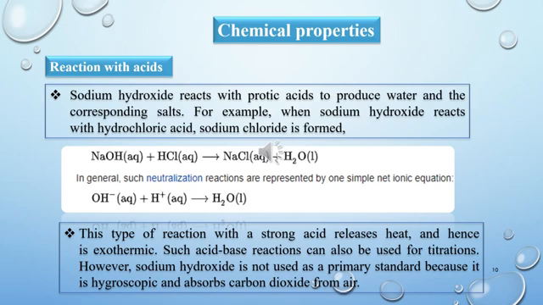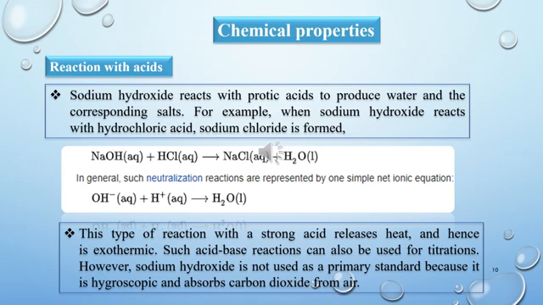Dear students, this is the kind of reaction which is known as a neutralization reaction, in which acid and base react with each other and form salt and water. Here in the figure you can see that sodium hydroxide is reacting with hydrogen chloride and forming NaCl, which is salt, and water.